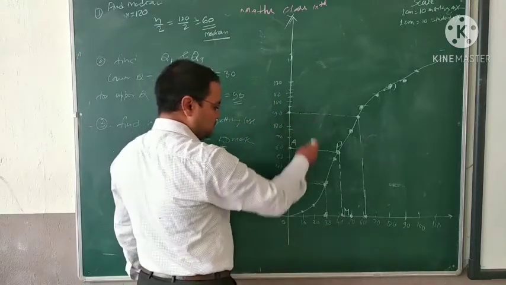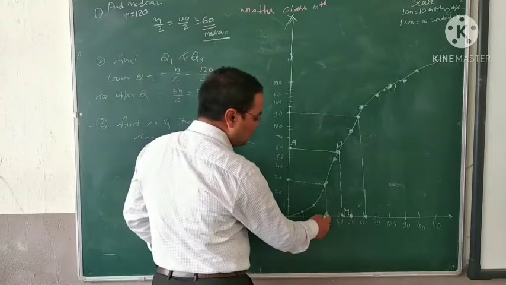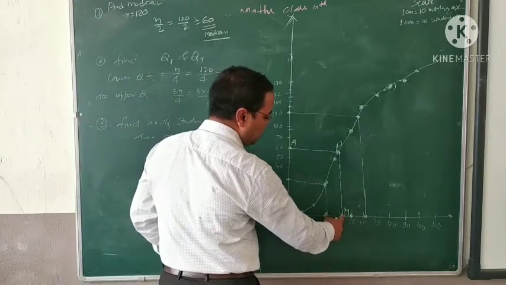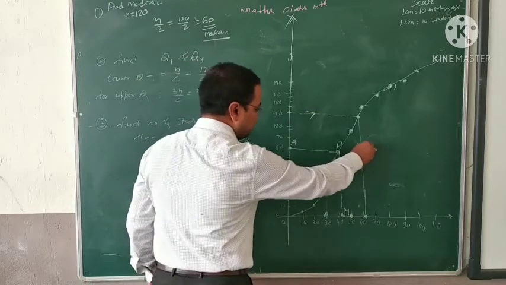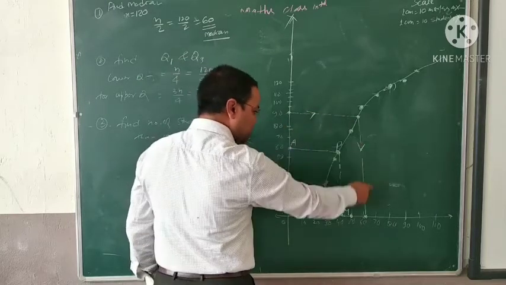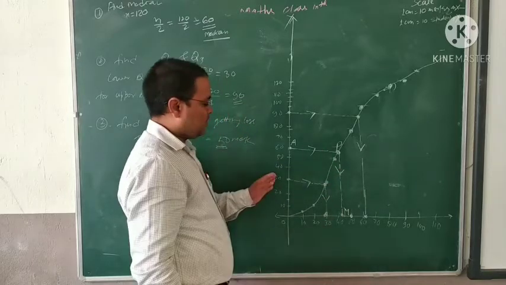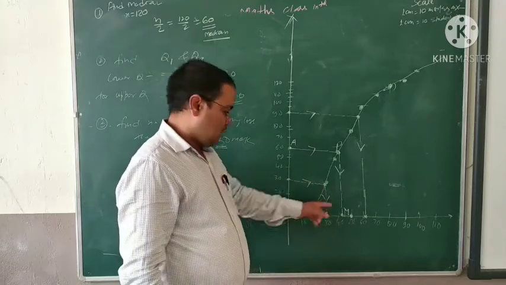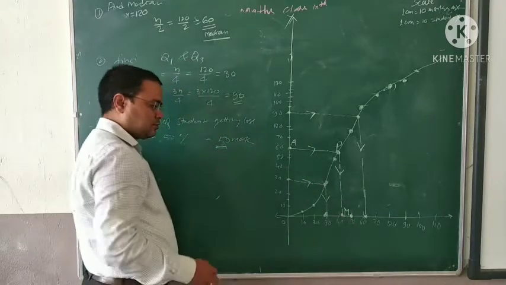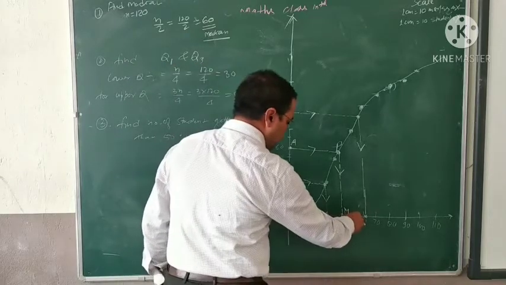Now for getting lower quartile, median and upper quartile, we move from this side to this side. First we draw a line parallel, then perpendicular. Now for this question, at this 50 mark, we draw a perpendicular line.